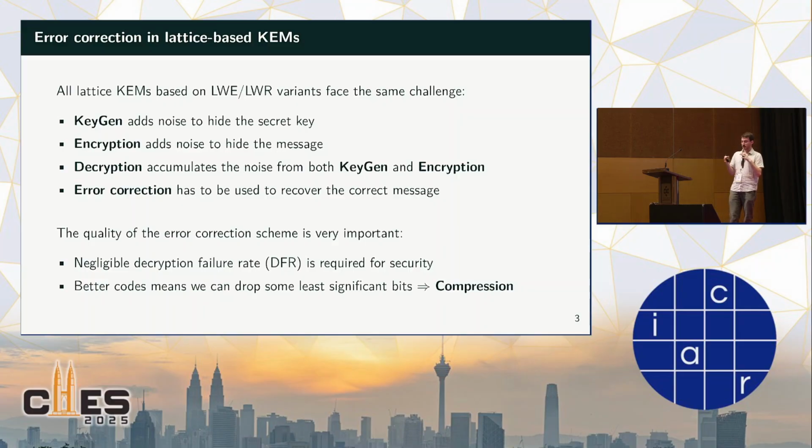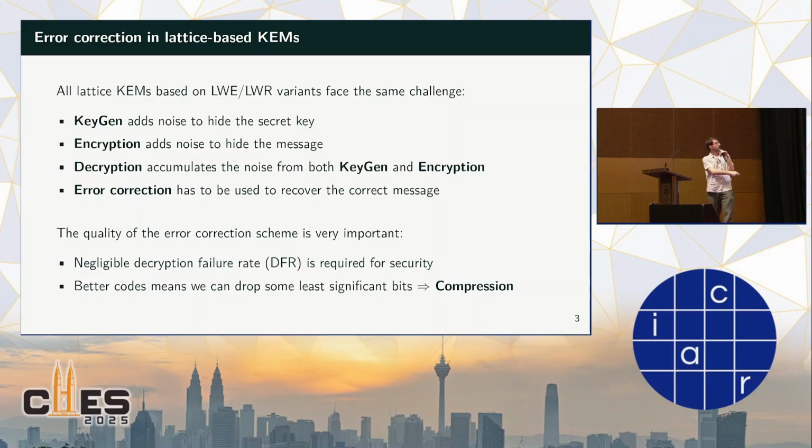But during decryption, you combine the secret key with the ciphertext, which ends up accumulating the noise from both keygen and encryption. So you have to use error correction to recover the correct message, because during decryption you see just a noisy version of the message, and you need to remove the error from it.